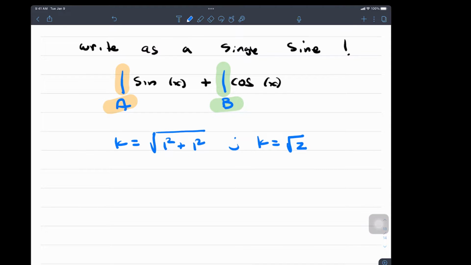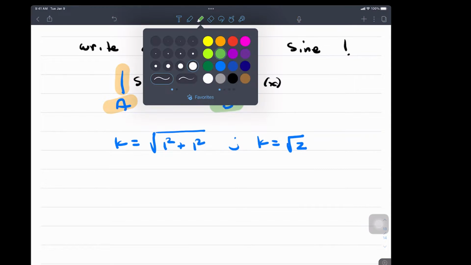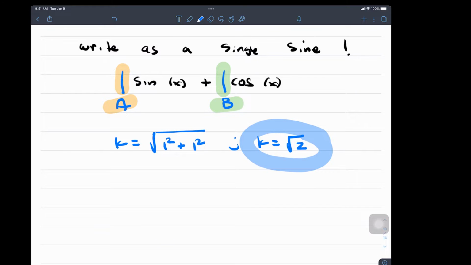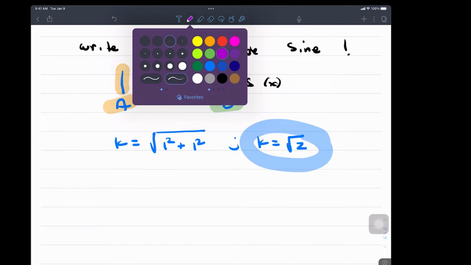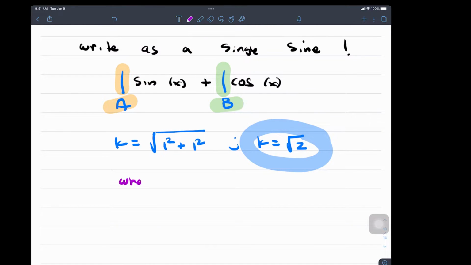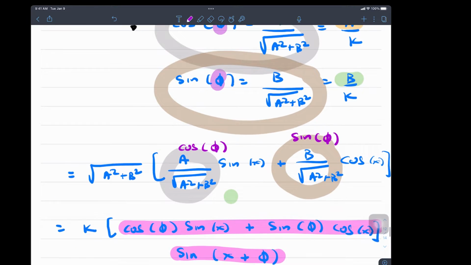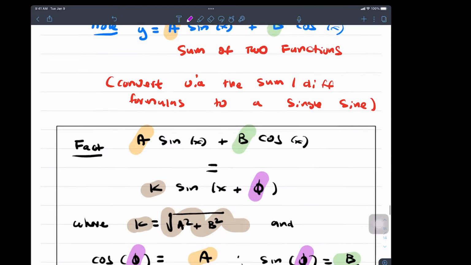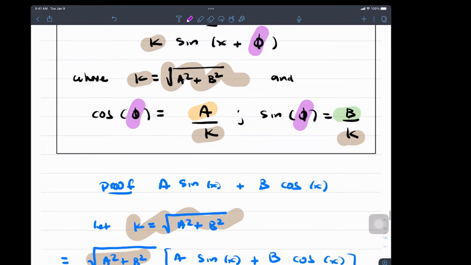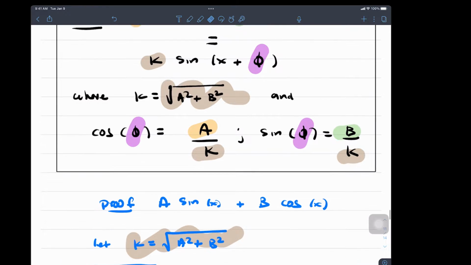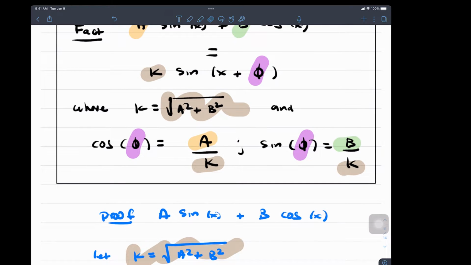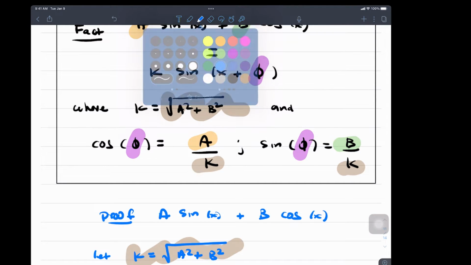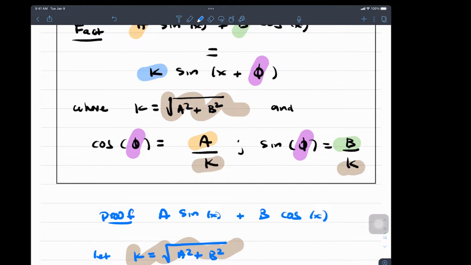So you say, what do I need? You need the value for K. You got K. What else do you guys need? This is the Greek letter phi. Because if you're going to use this statement up here, which you got as a single sine over here, you got the k value over here, right? Now you want to know what phi is.